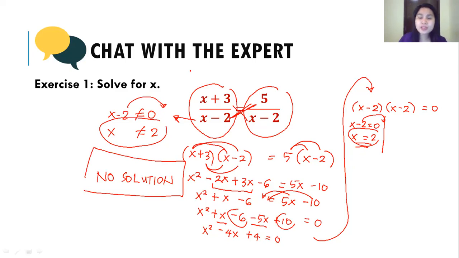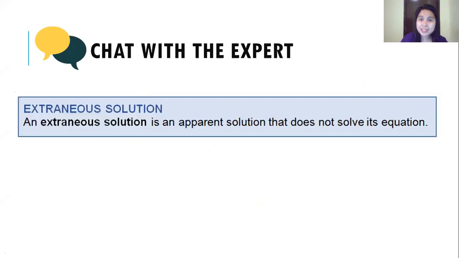Now, what do we call a solution that we have found upon solving, but it's not a part of the problem? It will not make the equation correct. Now we call it extraneous solution. The root word is extra.